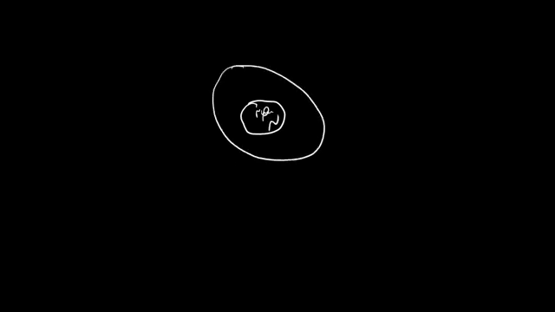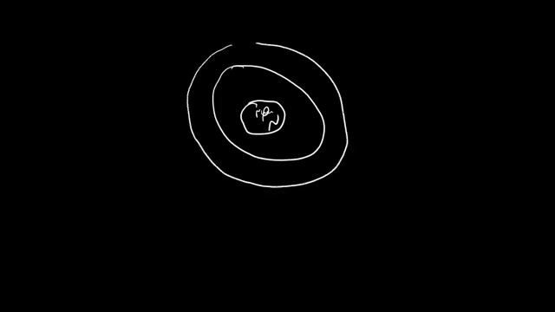According to the Bohr atomic model, the atom consists of a tiny core called the nucleus, which has protons and neutrons, and then there are electrons which move in circular orbits around the nucleus.